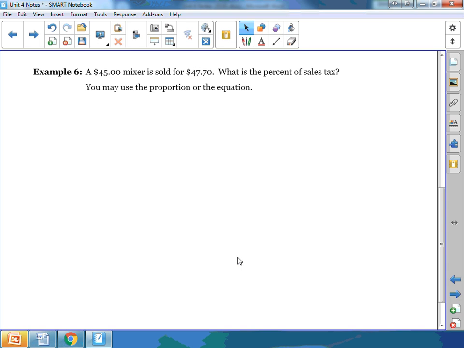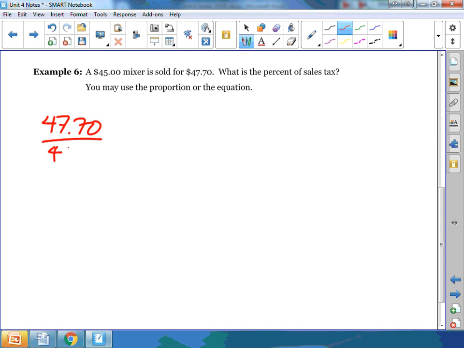So just looking at the different ways to do it here. I've seen a mixture. Some of you use the equation. I think most of you were using the proportion, just informally when I checked. The most common way that I was seeing was taking the price with the tax over the original price, percent to 100.